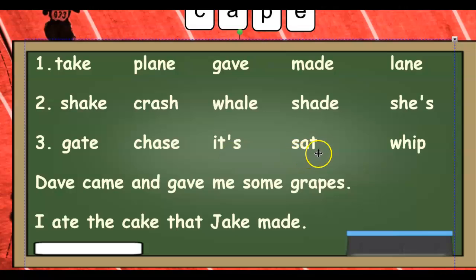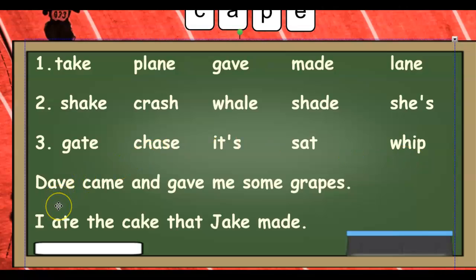At. What is the word? Sat. This word has a short A in it. Next we have the word whip. Whip. What is the word? Whip.